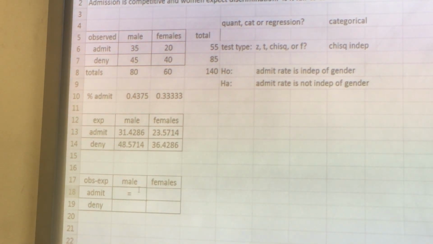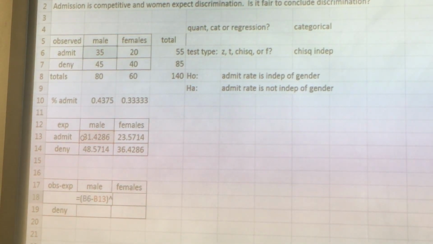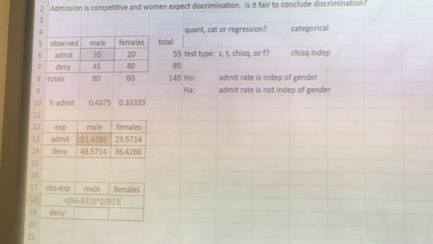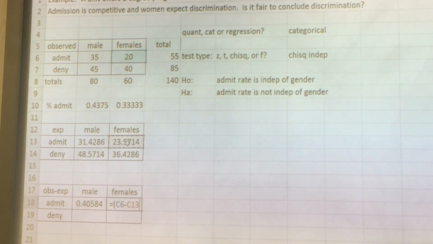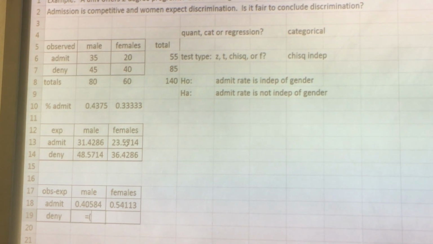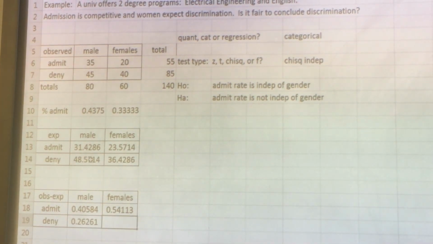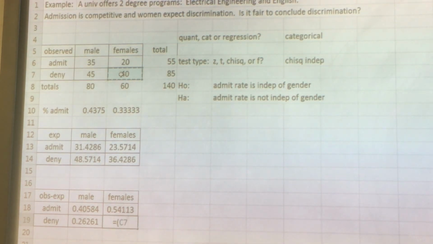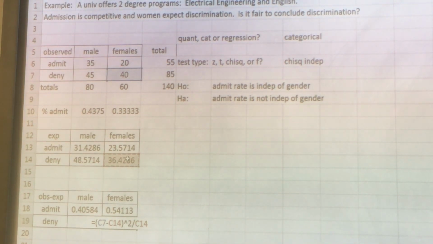We're going to do the observed minus the expected squared divided by the expected, for each of the four cells, and add them up.